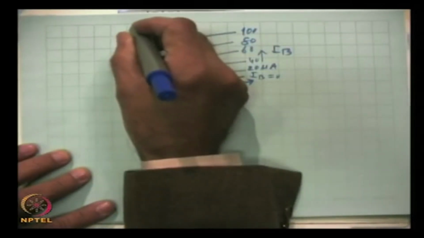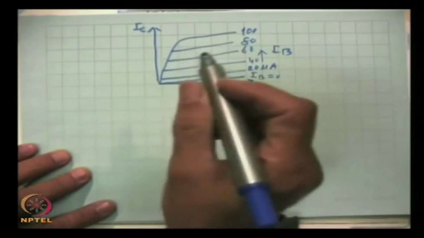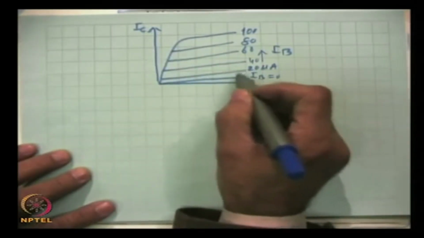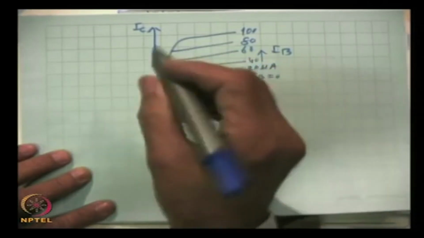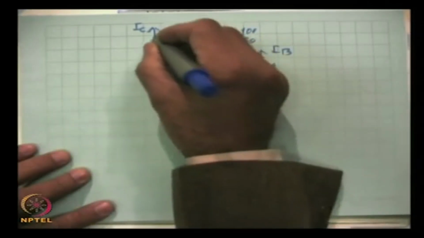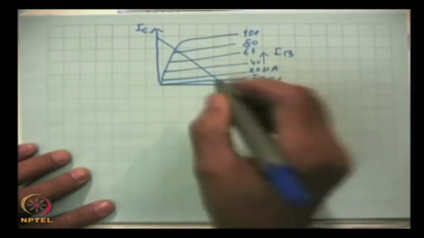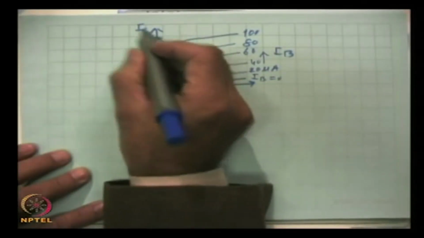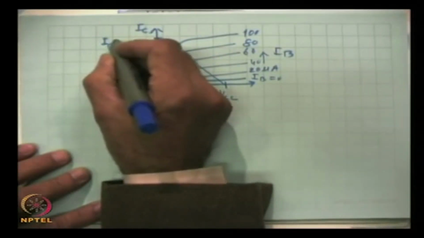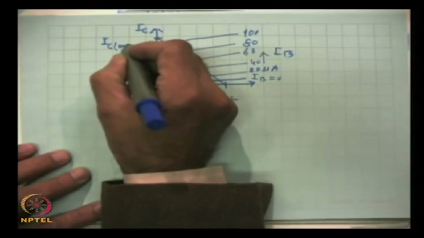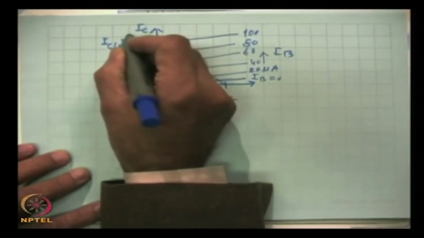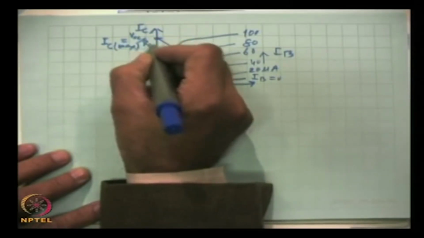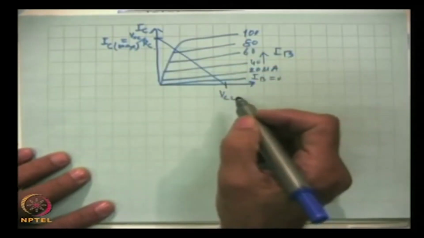This is IC, and you will remember that this is the saturation region, this is the cutoff region, and here is the active region. Now, this load line, when it is drawn over this, was the point VCC, and this is the maximum collector current IC max, which is equal to VCC over RC. So, this is the load line.